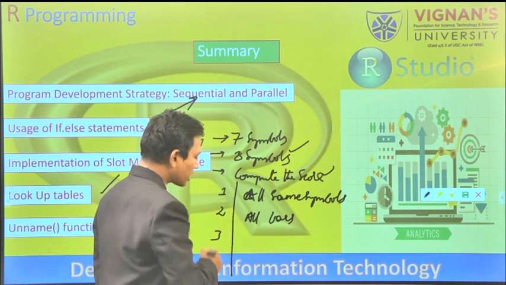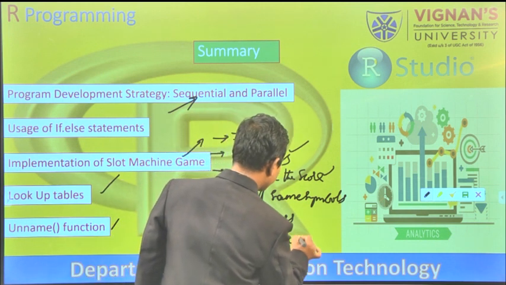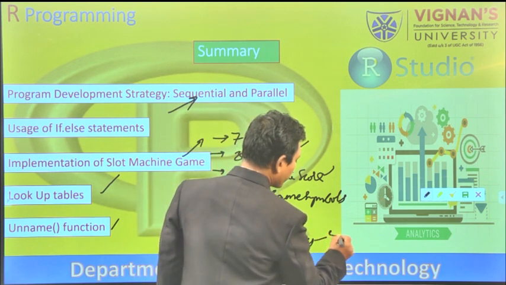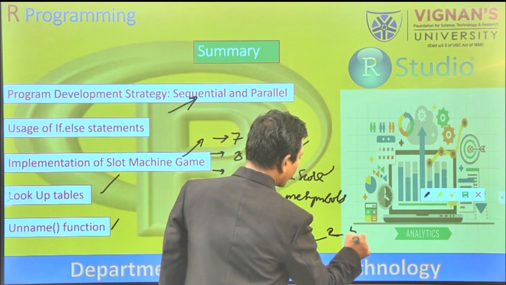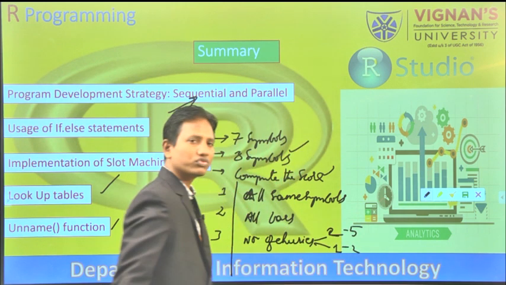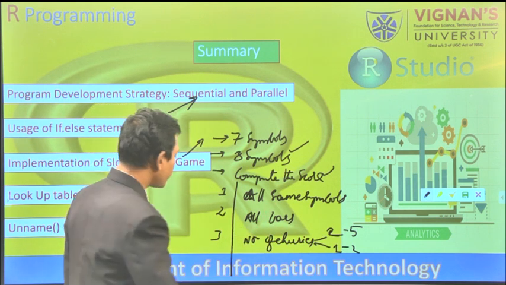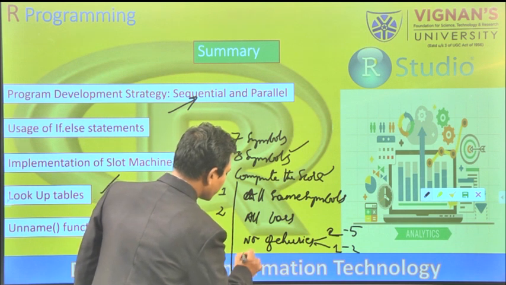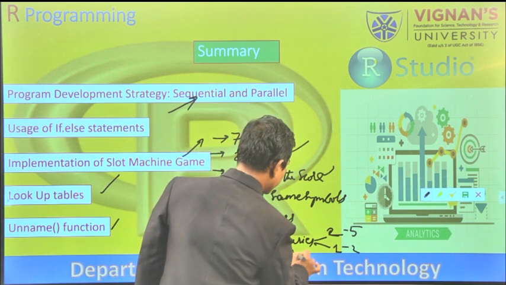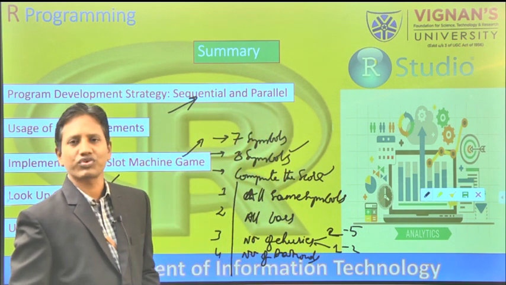The third condition is for the number of cherries. If cherries are 2, then 5 points. If cherries are 1, then 2 points. So we need to check for these two things. And ultimately in case 4, we checked for the number of diamonds. Why diamonds?